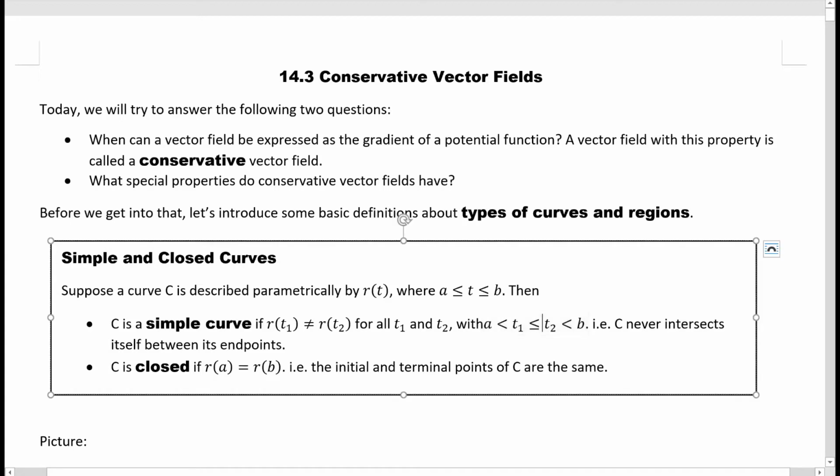Because they're distinct, here it should be less than. That is, C never intersects itself between its endpoints. Next, C is closed if R of a equals R of b, that is, the initial and terminal points of C are the same.